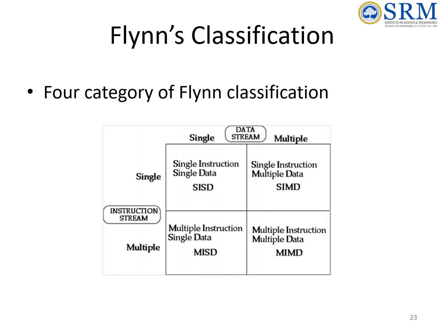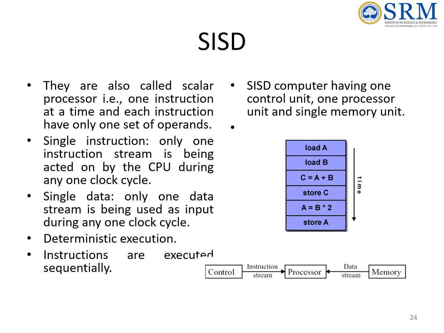There are four categories of Flynn's classification: SISD, which is single instruction, single data; SIMD, single instruction, multiple data; MIMD, multiple instruction, multiple data; and MISD, multiple instruction, single data. We'll see each one in detail.